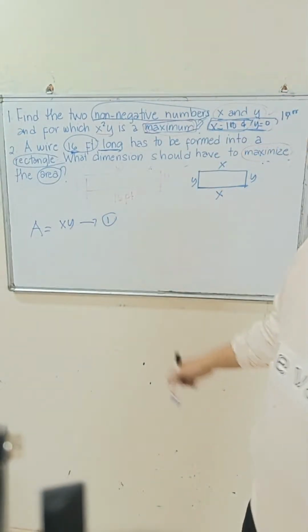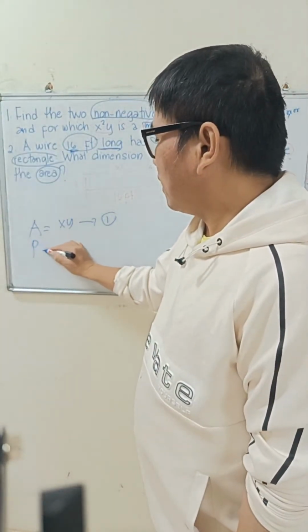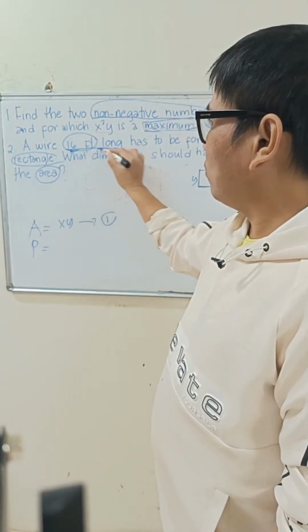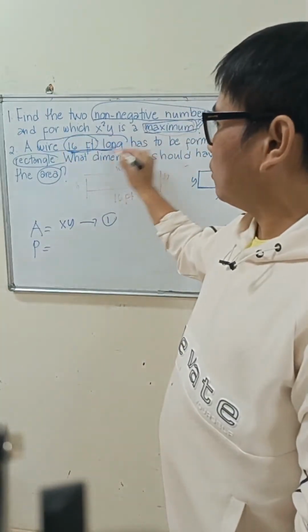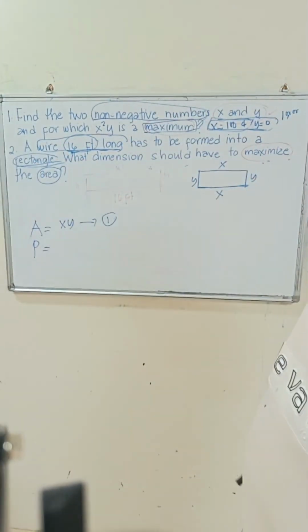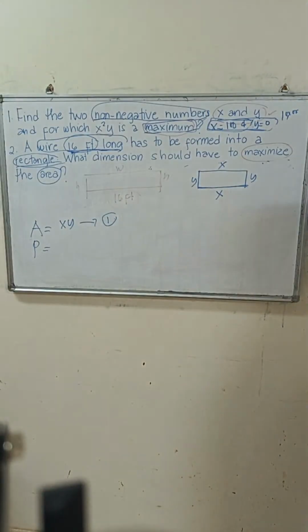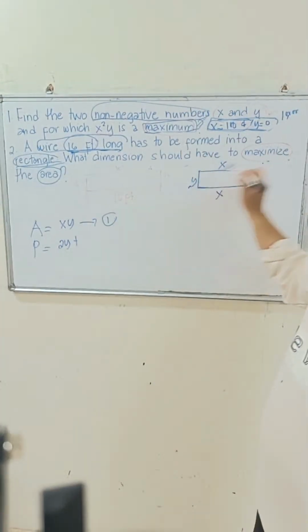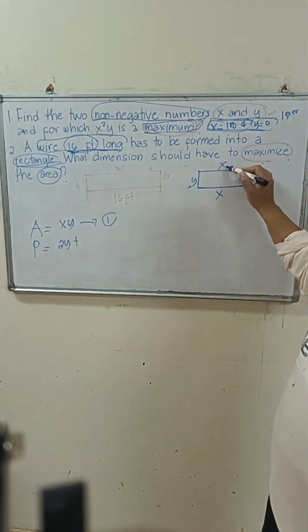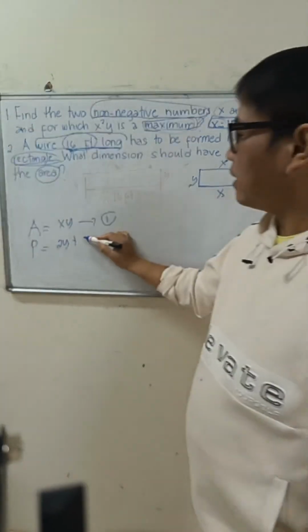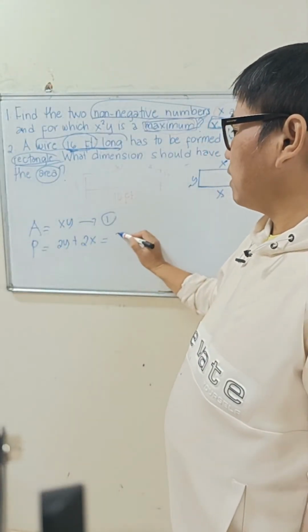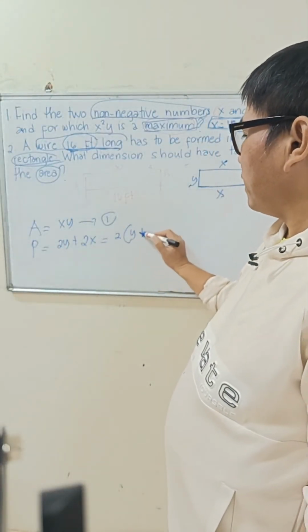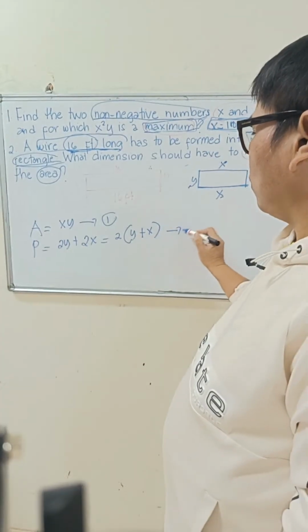Equation 2 is the perimeter, because you are adjusting your 16 feet wire to become the perimeter, since your purpose is to make a rectangle. What is the formula of a perimeter by elementary math? That is y plus y, plus x plus x, 2y plus 2x. Factor that: 2 times y plus x. Equation 2.